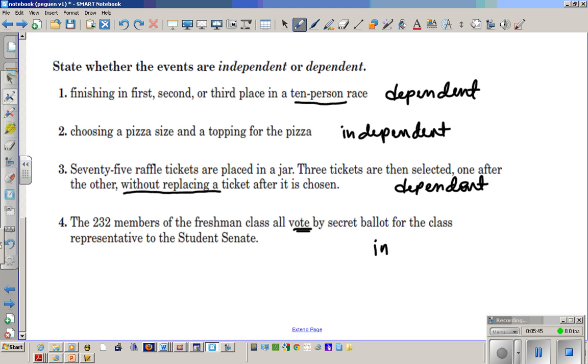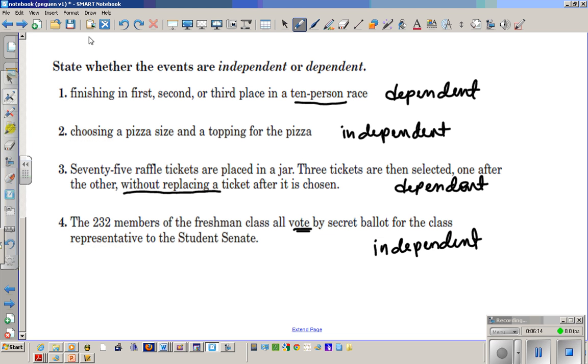Since they're all separate, this one is independent. If you vote for Obama, for example, it doesn't affect the vote for somebody else. When everybody's casting their own vote, one person's vote does not affect another person's vote. My vote does not affect your vote. Everything is separate. So that's why this is independent.